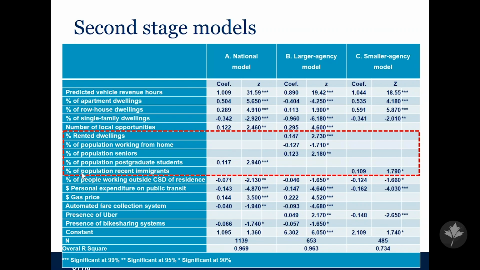Also interestingly, for the percent of the population who are recent immigrants, we found that in the smaller agency model this factor was significant. So the higher the percentage of immigrants in the service area, we would expect to see higher ridership, all else being equal.